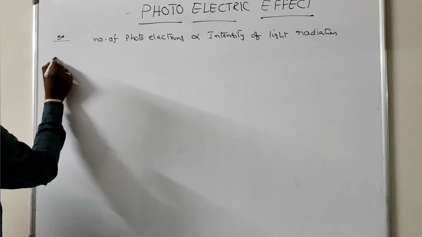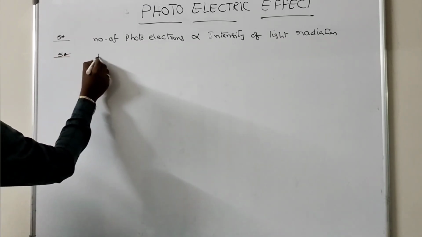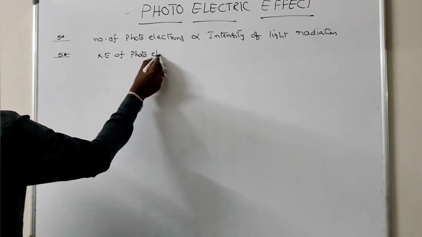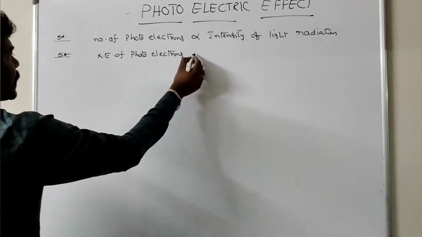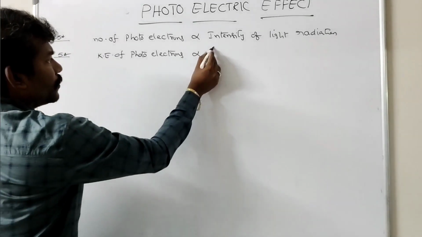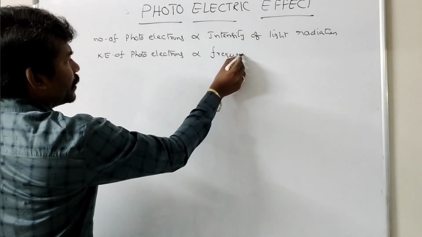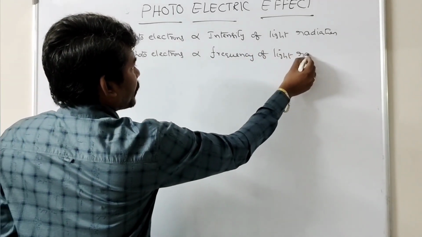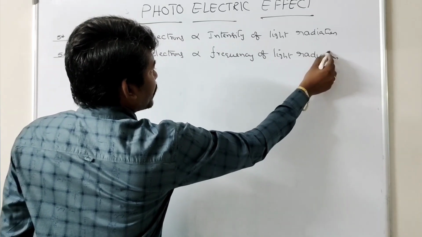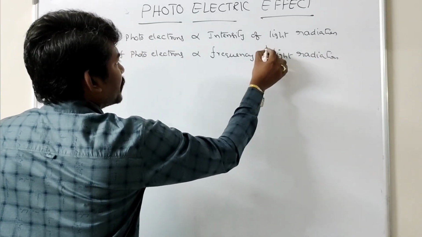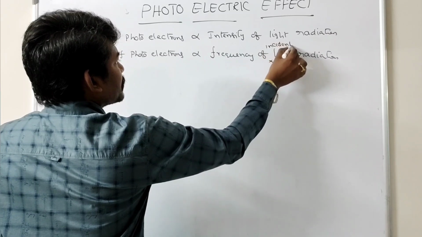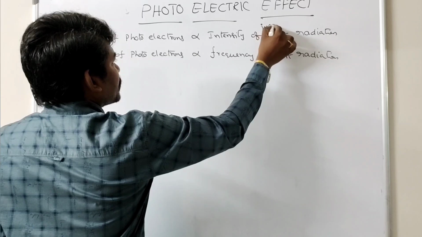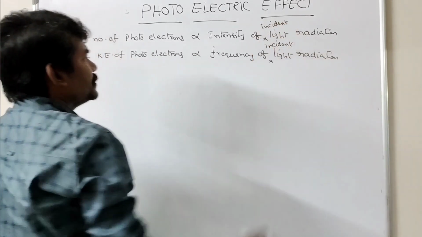And the next point is kinetic energy of photoelectrons. Kinetic energy of photoelectrons is directly proportional to the frequency of incident light radiation.